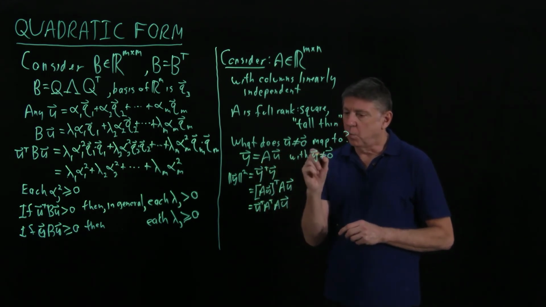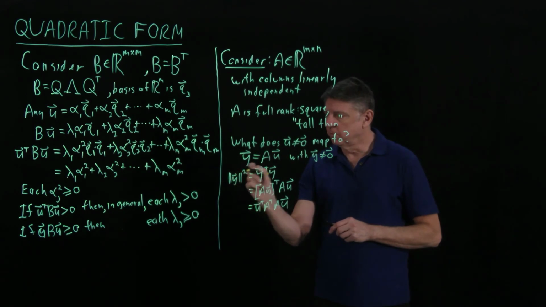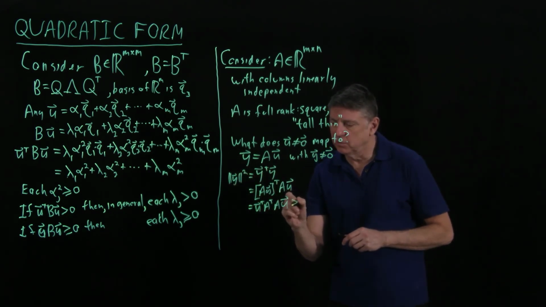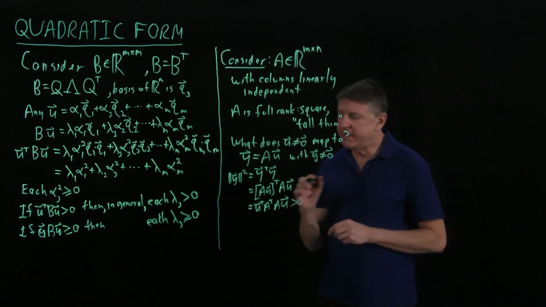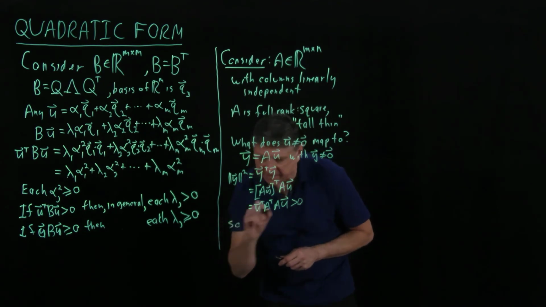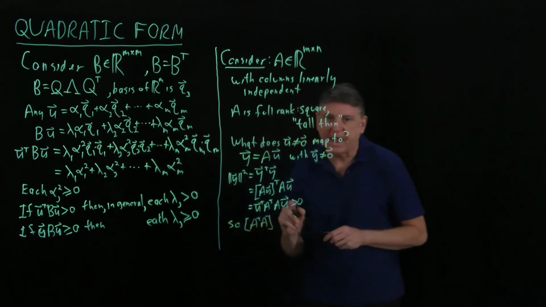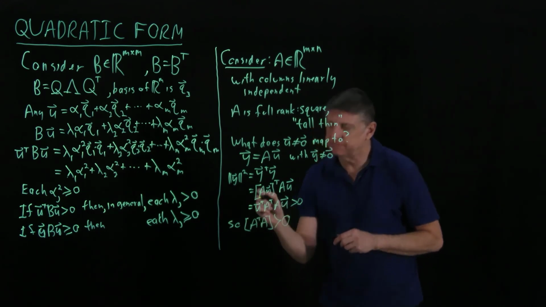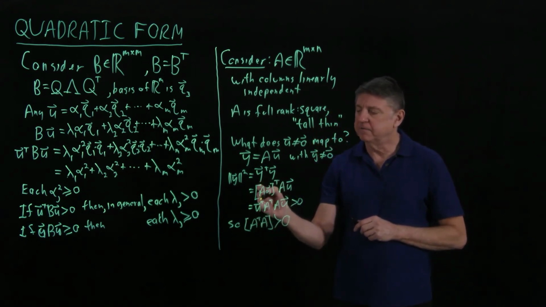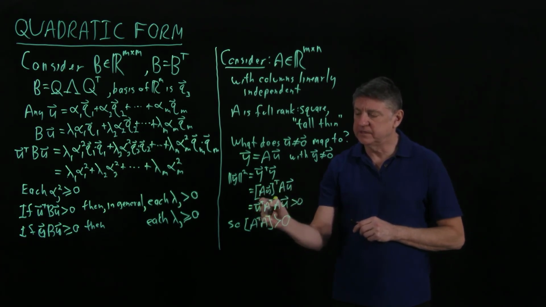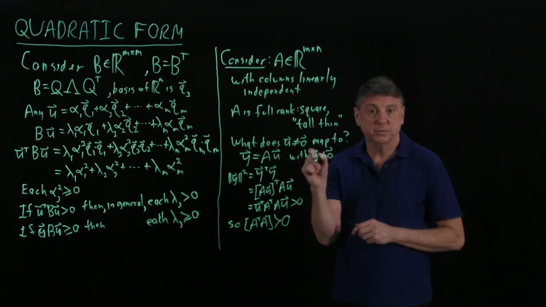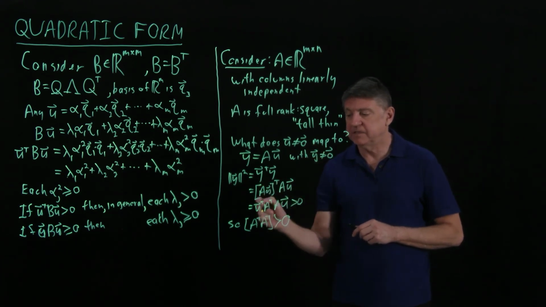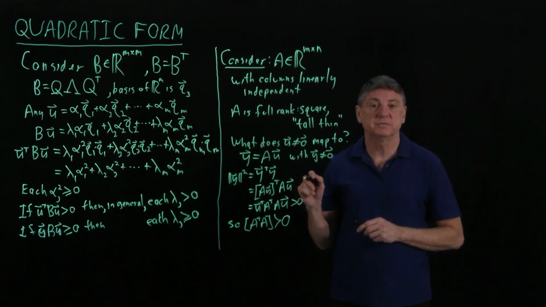So the norm of a non-zero vector has to be strictly greater than 0, and that means that this matrix, A transpose A, which is symmetric by construction, has a quadratic form with any U that is greater than 0, which we just showed it has to be. Then this matrix has to be symmetric positive definite.